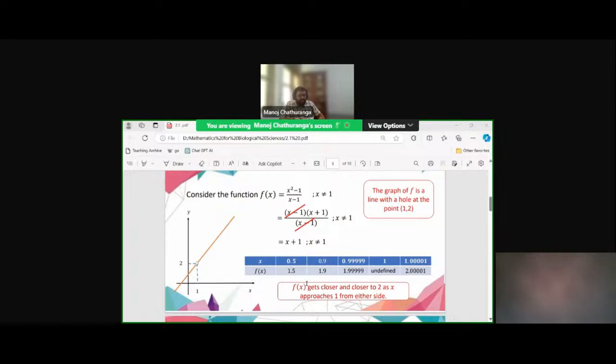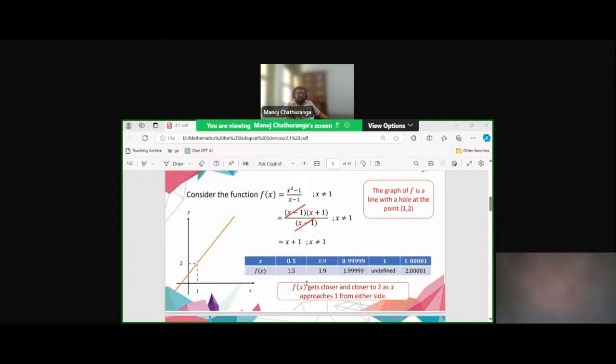So our domain includes all the real numbers except 1. So the function looks really nice except at 1. So how can we deal with this bad point? It is just 1 there. No, all the other points are really nice except 1.